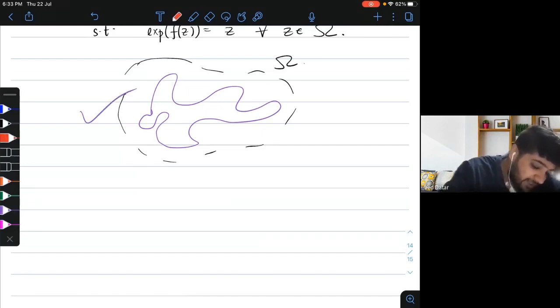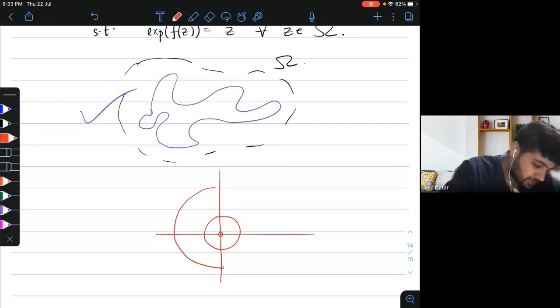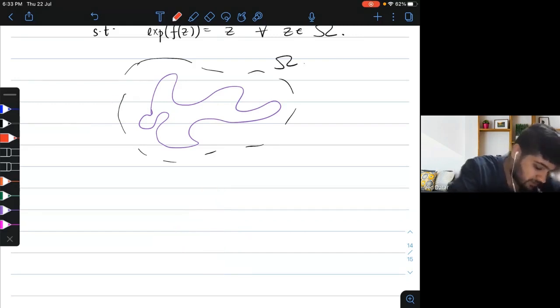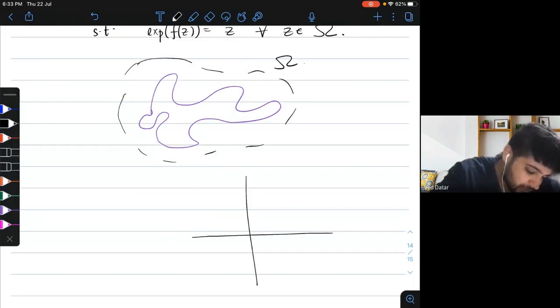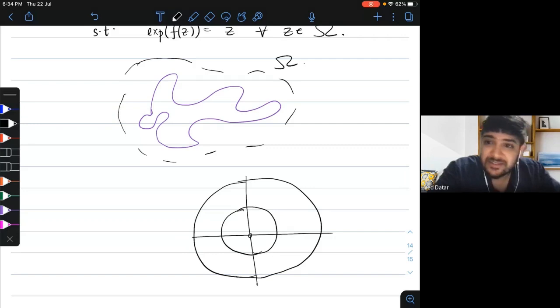On the other hand, if you take the annulus around the origin, then this is no longer a simply connected set, right?